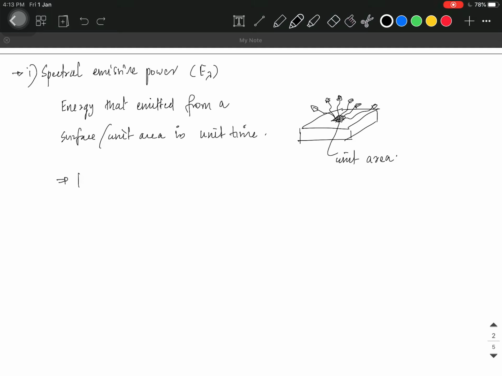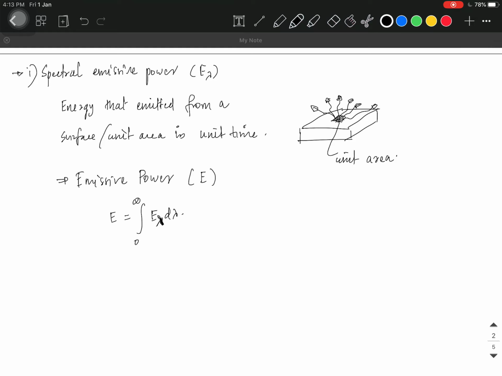And there is also another term which is called the emissive power. From this spectral emissive power, we will be dealing with the emissive power, which is denoted by the letter E. So this E is nothing but the total energy that is emitted from a surface per unit area in unit time, considering entire wavelengths of this particular thermal radiation or the energy.